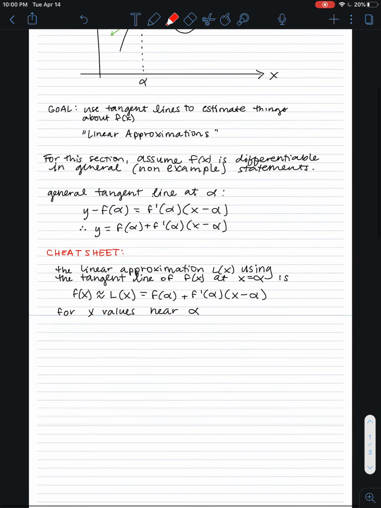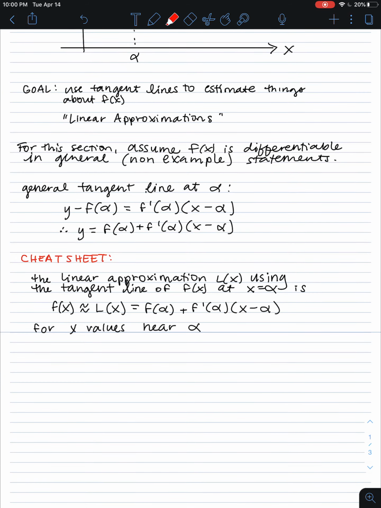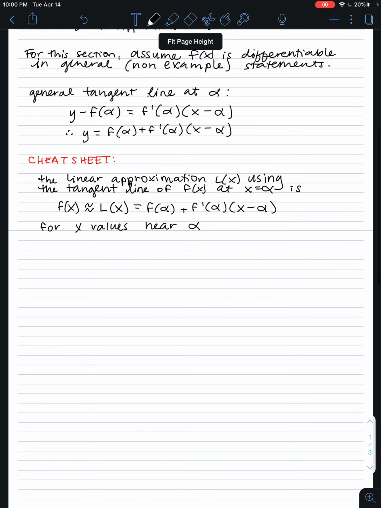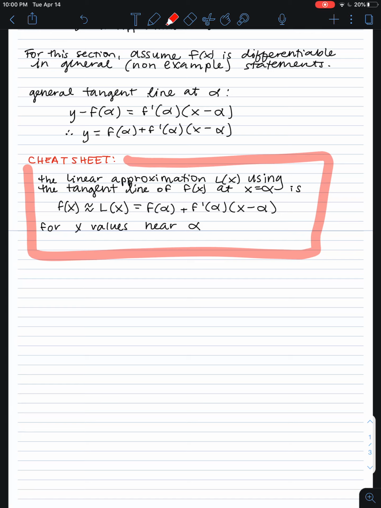So I want to make sure that I'm doing my estimates for values near alpha. So depending on what x value I want to estimate my function at, I need to pick different values of alpha for that to work. And we'll do an example. Okay, so that was your cheat sheet information. Now we're going to have an example.